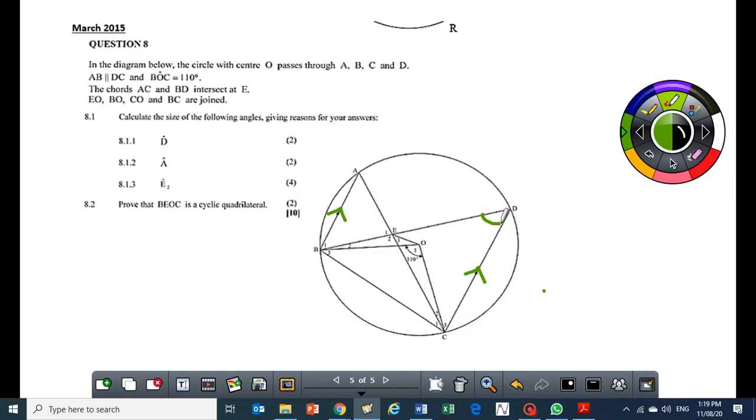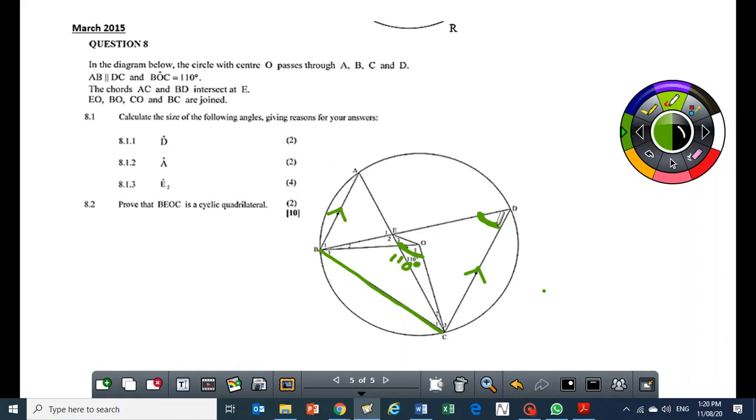We are given BOC, this angle here, it's 110 degrees. Now if you look at this angle and that angle, this is an angle at the circumference, and that's an angle at the center, and both are subtended by the same chord BC. Therefore, angle at the center is equal to 2 times the angle at the circumference.